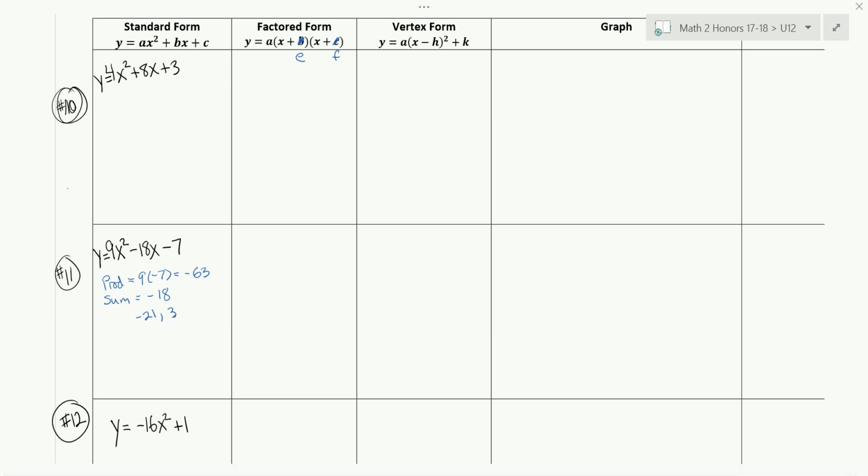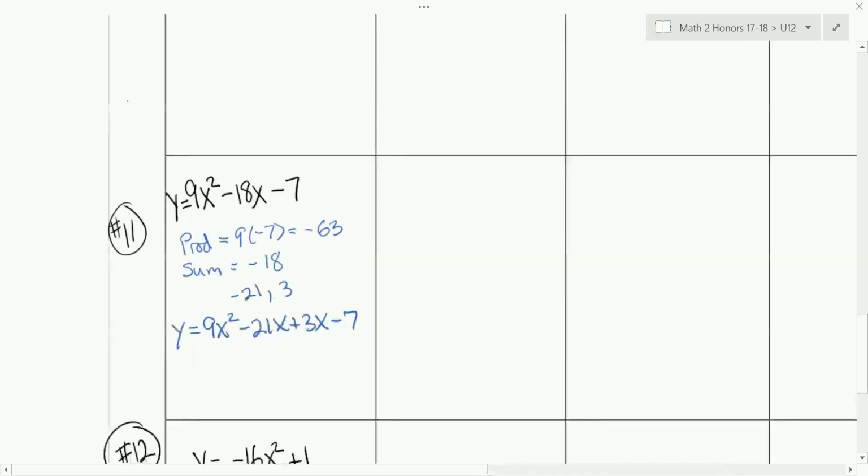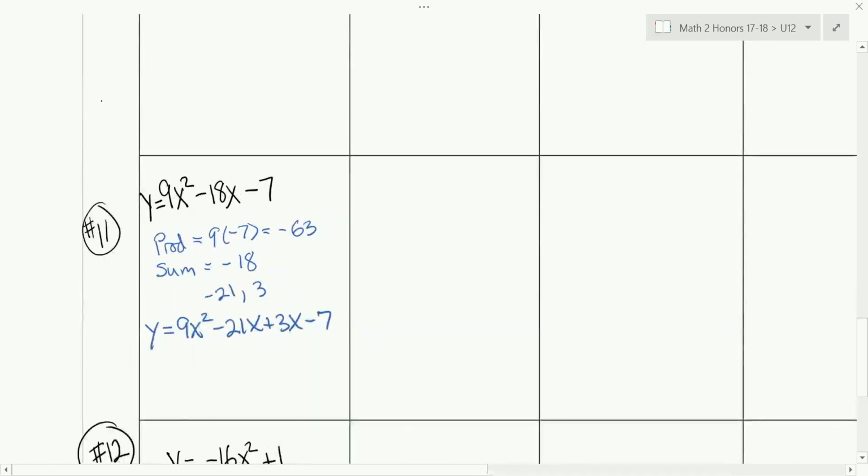So then, after you find those numbers, you're going to rewrite this as y equals 9x squared minus 21x plus 3x minus 7. And then you factor by grouping. You group the left half, the 9x squared and the -21x, and factor out the GCF, or the greatest common factor, from both of those, and we're left with the remainder.